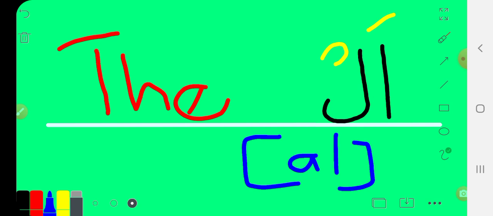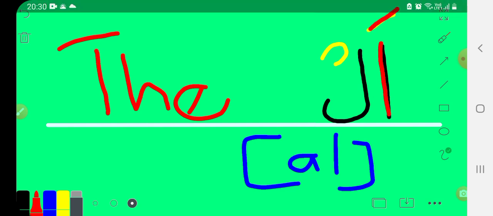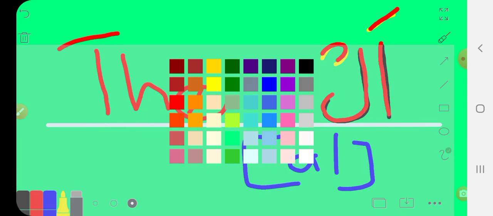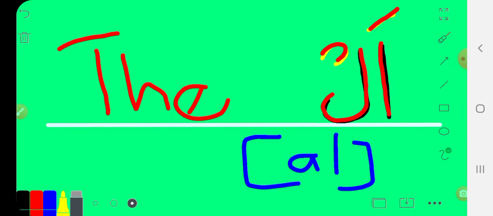So once again, it's the alif with the short stroke on top that gives the sound, followed by the L with the sukoon, and that gives us the word al, which means the.